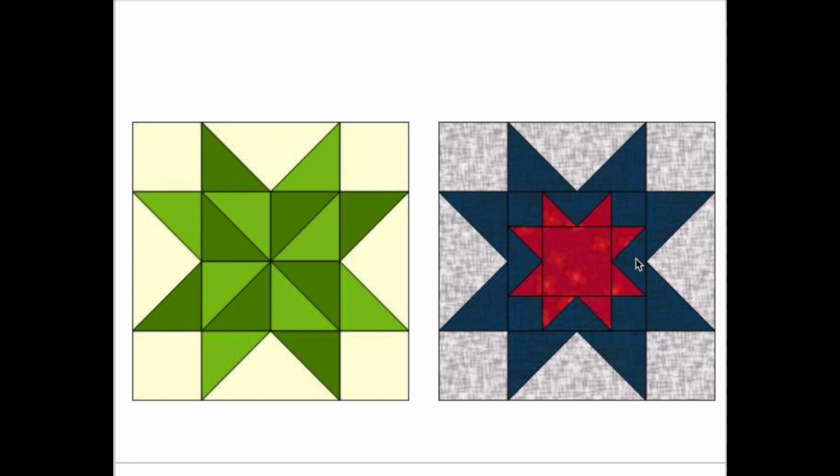Here's another one. This star doesn't have a plain square. Instead, it has a star in the middle, which you can take your graph paper and draw a line across and across at the same dimensions, basically like the big square out here, and you have a star in the middle.